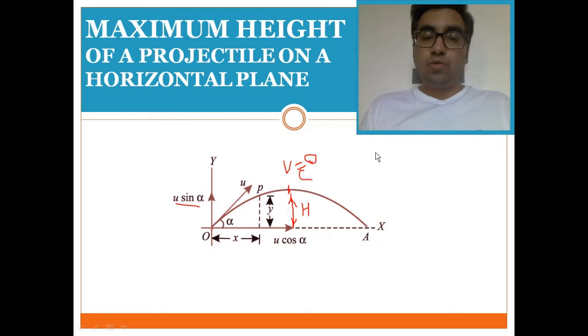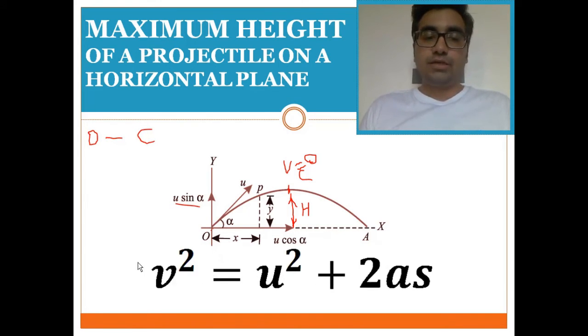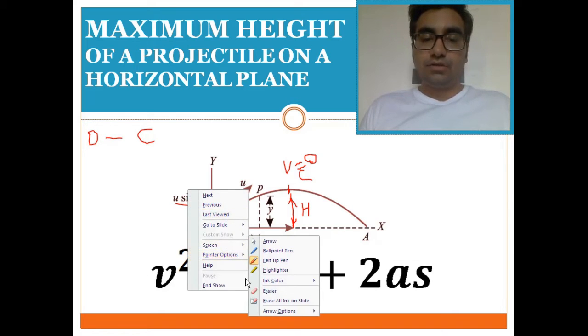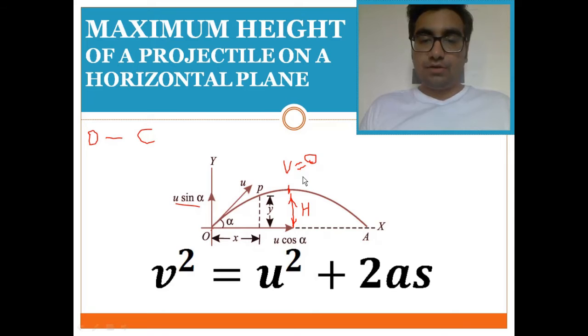Now considering motion O to C, and applying the kinematical equation v square equals u square plus 2as. What is the final velocity? Final velocity is 0 at point C. And what is the initial velocity?